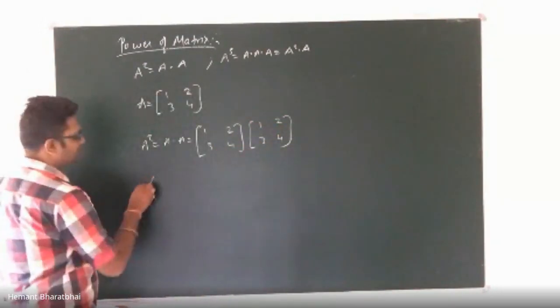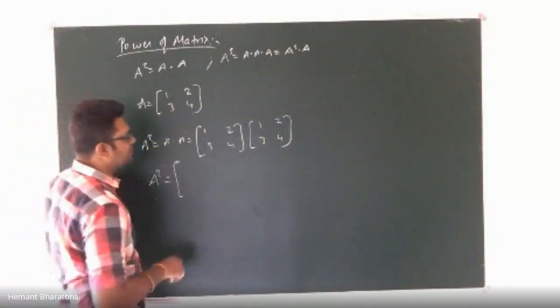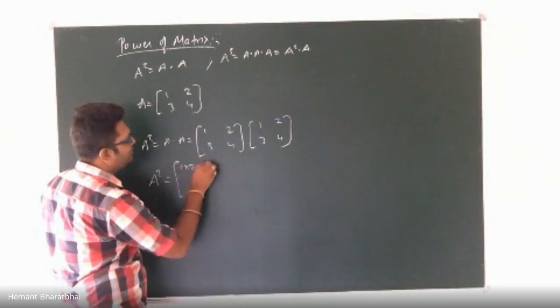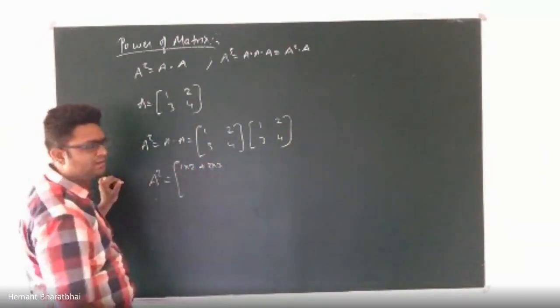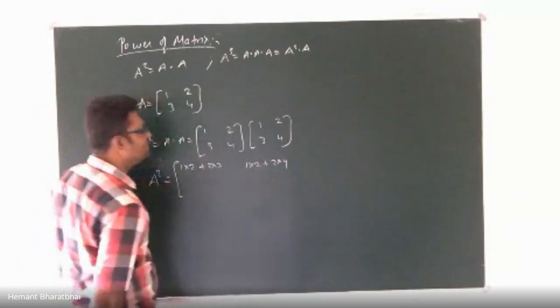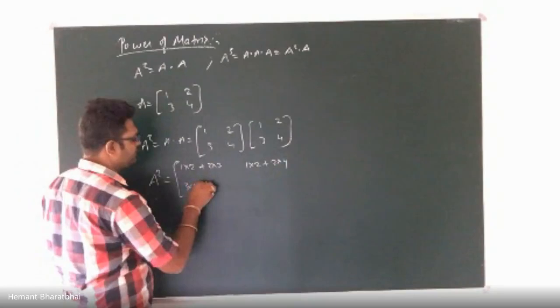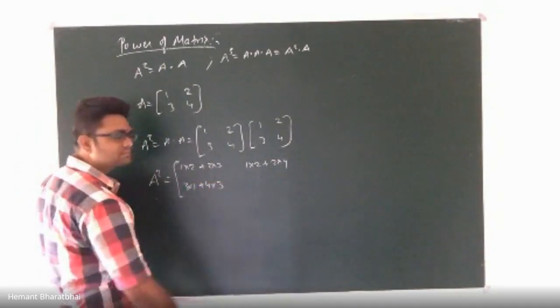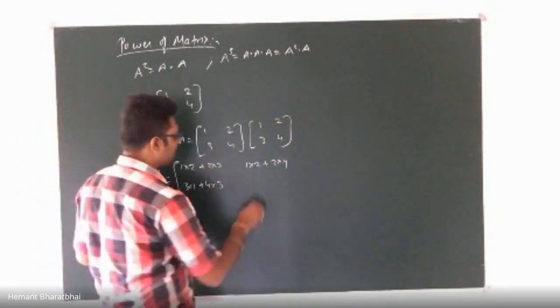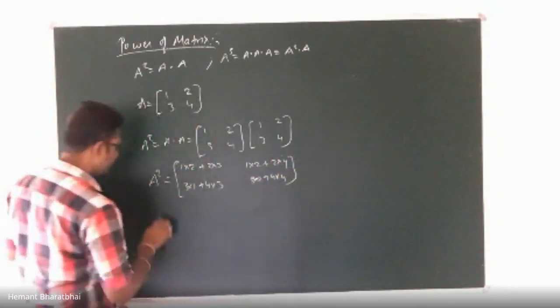So I'll get matrix A squared is equal to first row into first column, so 1 into 2 plus 2 into 3. Then first row into second column, so 1 into 2 plus 2 into 4. Then second row into first column, so 3 into 1 plus 4 into 3. Then second row into second column, so 3 into 2 plus 4 into 4.